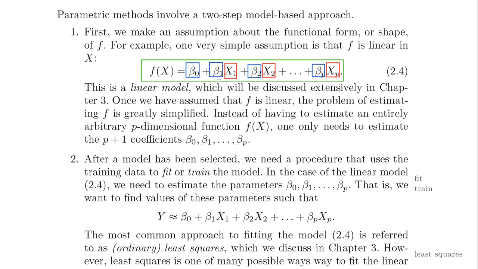But anyway, assuming you know the red data and you have the blue coefficients, that's it. That's your formula for any observation, for any data subject. This is a linear model, which will be discussed extensively in chapter 3.